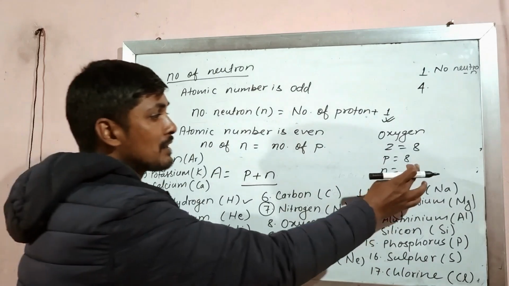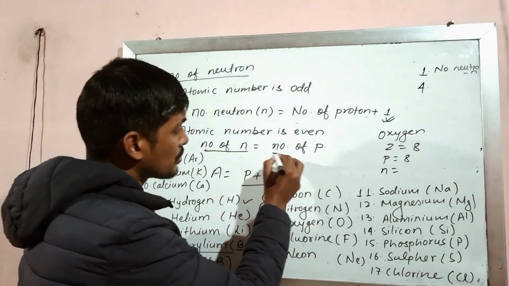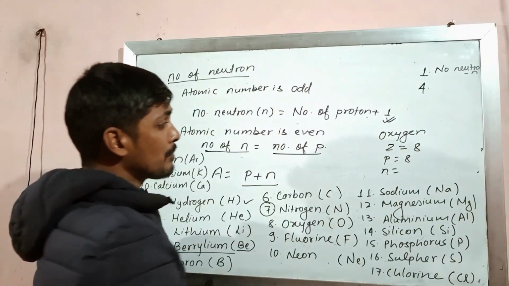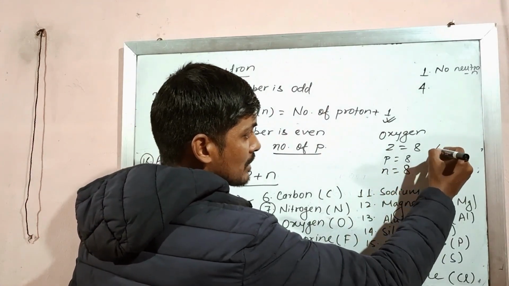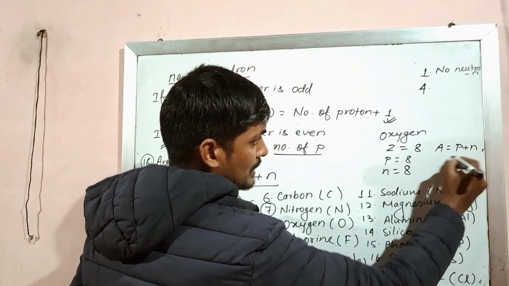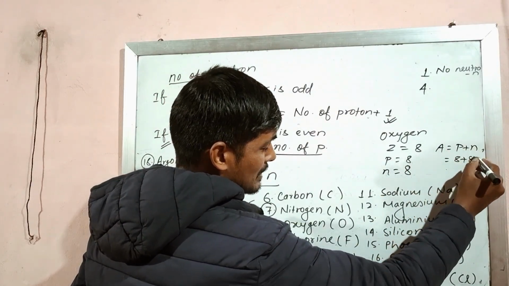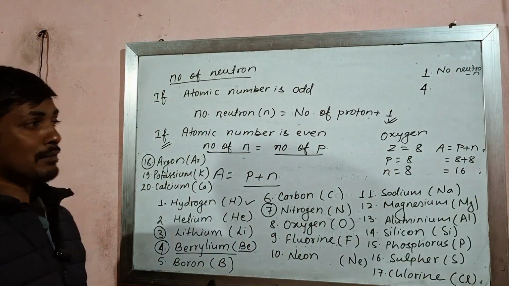It is even number. In case of even number, what happens? Number of neutron is equal to number of proton. So what is the number of neutron here? 8. So what will be its atomic mass? Number of proton plus neutron. That means 8 plus 8. It is 16. Here we can apply this rule.